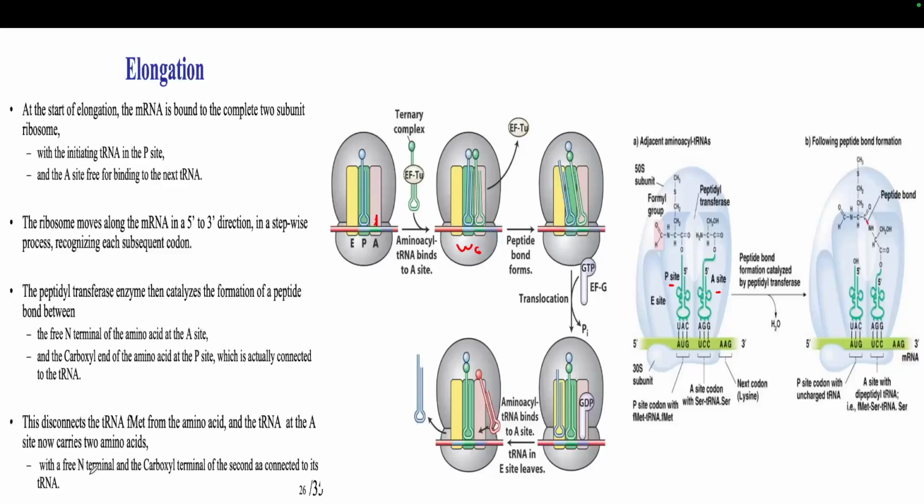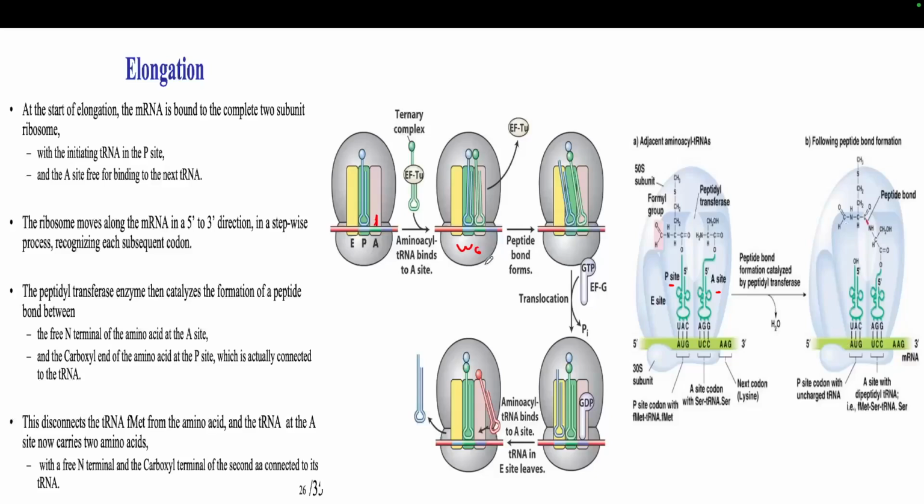Okay, so with a free N terminal, the carboxy terminal of the second amino acid is now connected to its tRNA. Okay, so this is now the N terminal, and the C terminal of the second amino acid is still connected to the tRNA. When the third amino acid comes, at that time this second tRNA will also be removed from the E site.